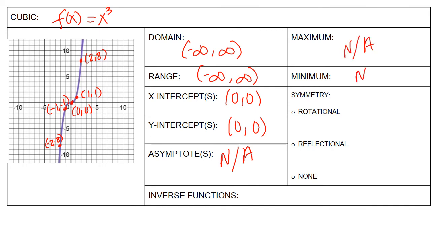There is no minimum. And what type of symmetry do I have? Rotational. Good job. Okay. Its inverse function. So it's f equals the cubic root. The opposite of cubing something is to take its root, the cube root.